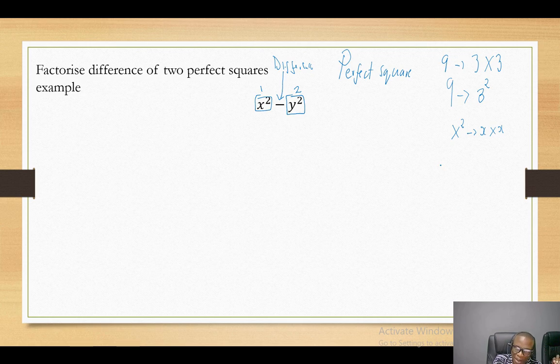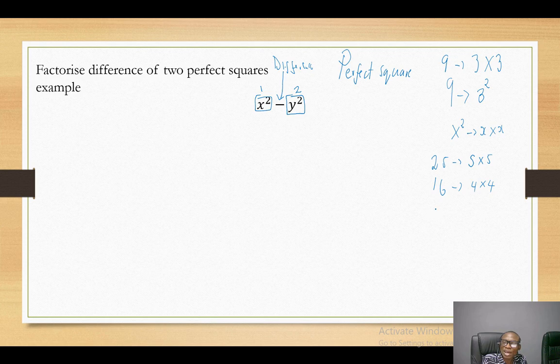I'm giving you another example in terms of a number. 25 is a perfect square. Why? There exists a number which when we multiply by itself, we get 25, which is 5 times 5. 16 is a perfect square, 4 by 4. Sounds like I'm talking about a car.